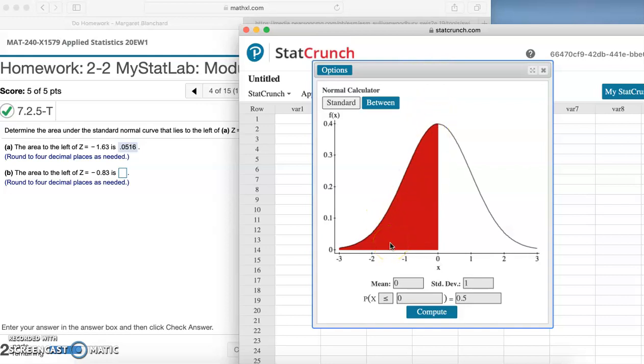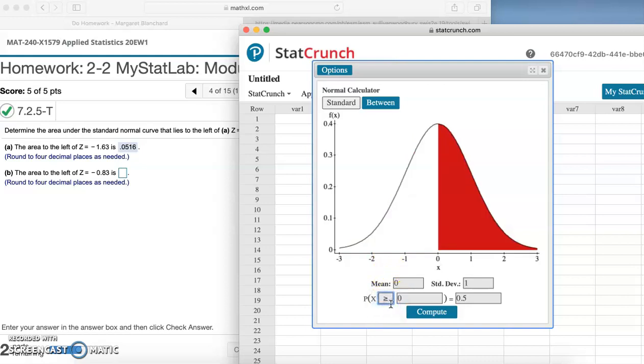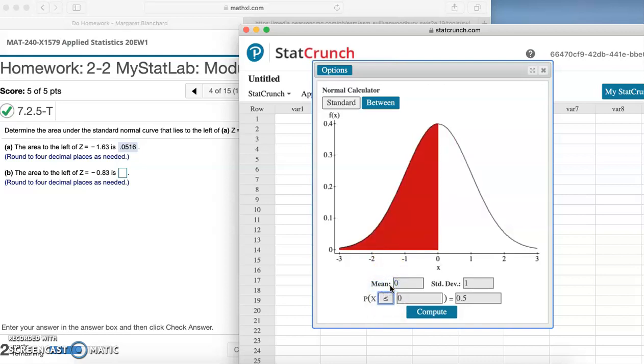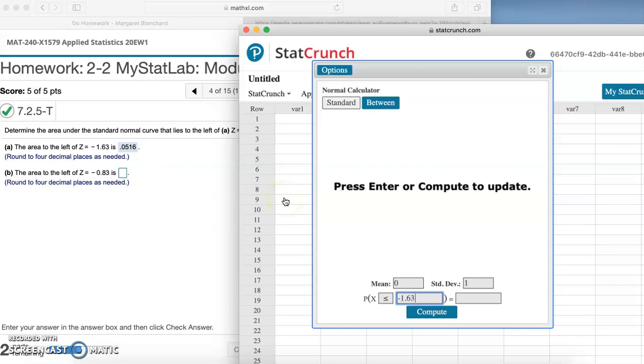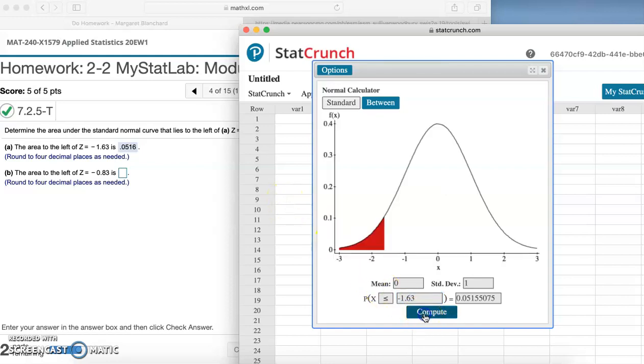Now, if we were looking to the area to the right, you would swap this around to greater than or equal to. So we're going to stick with less than or equal to. And we're going to type in that value right here that we were given in part A, just to compare and make sure we get the same answer. So we have negative 1.63. Compute, as you see here, we get 0.05155. So when we round, it's 0.0516.